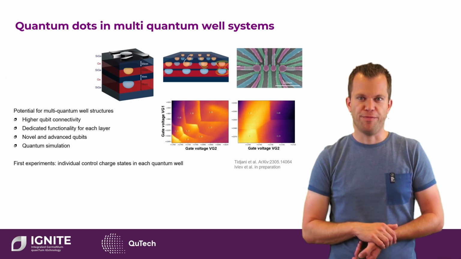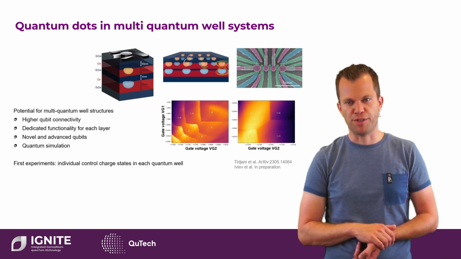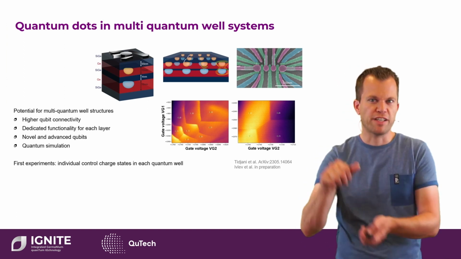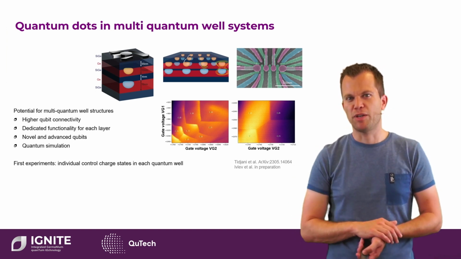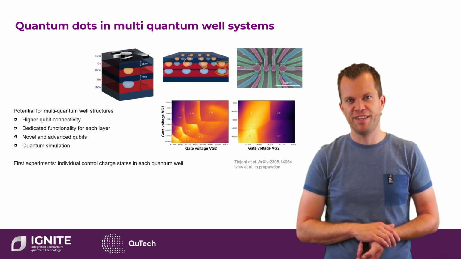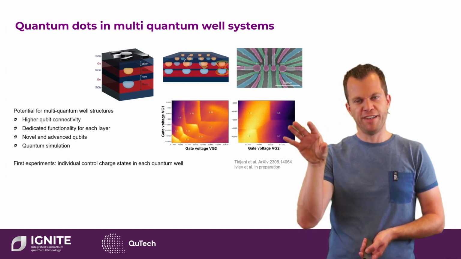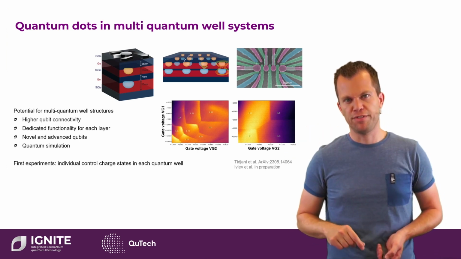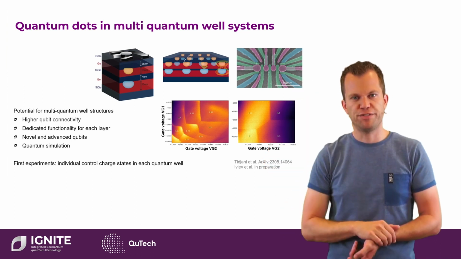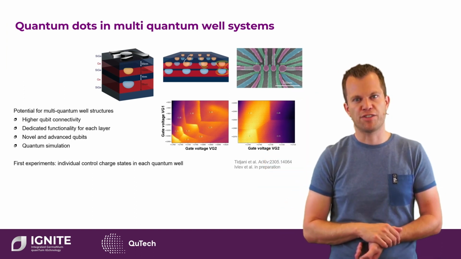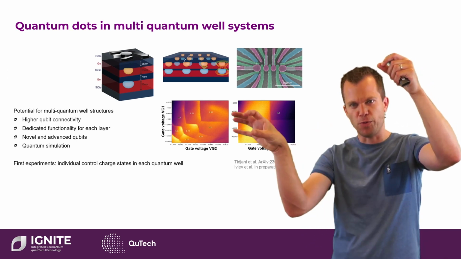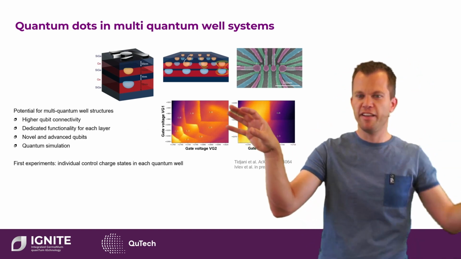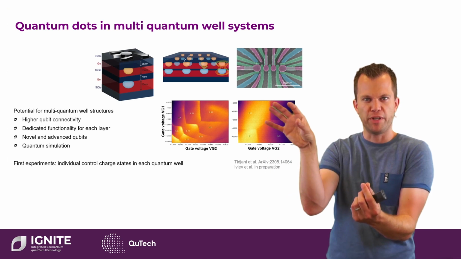Quantum simulation may also be very appealing in this platform. For example, one may explore excitonic interaction between two quantum wells. If one can make 3 quantum wells, then maybe the middle quantum well can act as a repulsive layer to create an attractive interaction between the outer layers. Imagine a hole coming into the top layer, pushing away a hole in the middle layer, and thereby attracting a hole in the bottom layer.